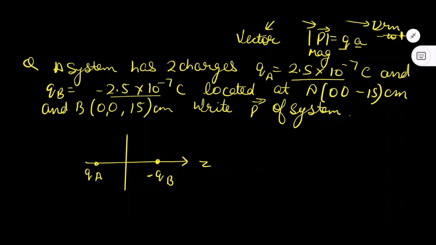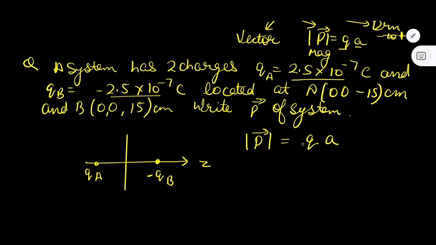We have given the picture of this. We have to find the dipole moment of the system. For the magnitude, first of all I said that it will be q into a.